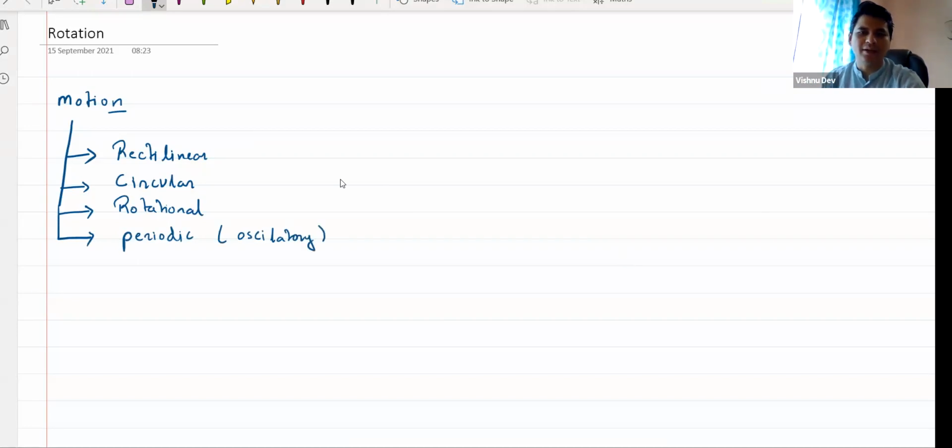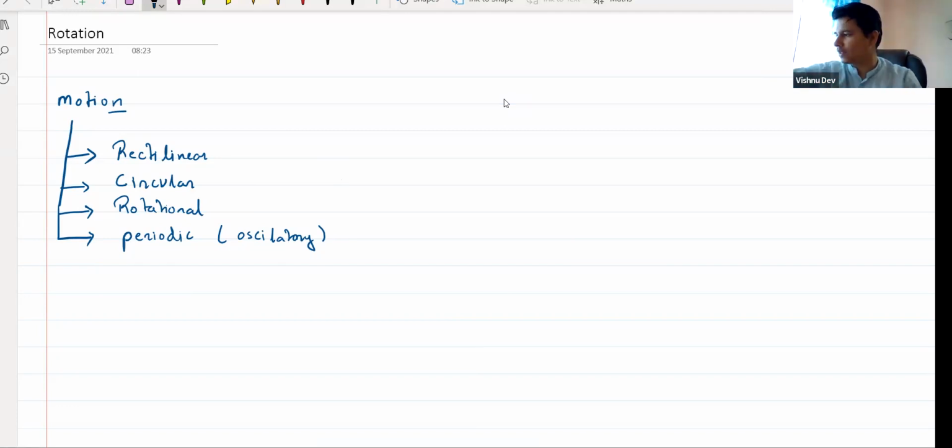I guess all of us have a basic idea about rectilinear motion and circular motion. We have studied the types of motion: rectilinear motion and curvilinear motion. Circular motion is an example of curvilinear motion.